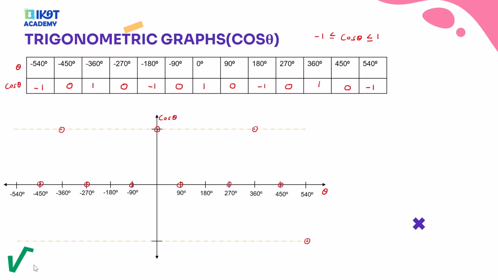I've not plotted this. 180 is also negative 1. Okay, so I think I've plotted all points. And also negative 450 is negative 1. So I'm plotting very fast, so the plot may not be perfect, but I just want us to bring out the concept.